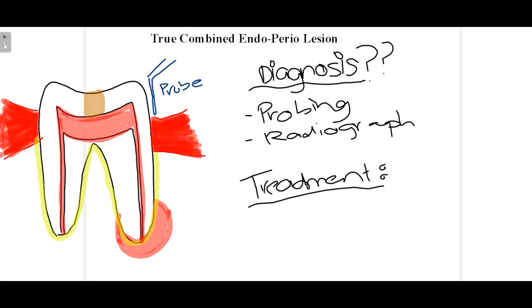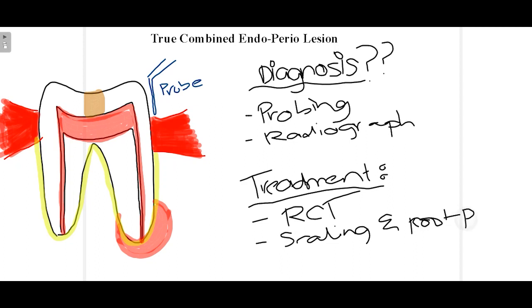Now, the treatment for this case is, firstly, you perform the root canal treatment, RCT, to resolve the endodontic lesion, and then you perform scaling and root planing to resolve the periodontic lesion.